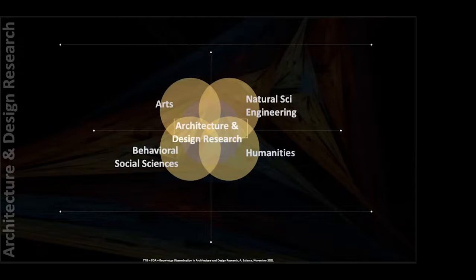And I would say the challenge now is for researchers in architecture and urbanism in terms of dissemination, because you have to relate to a discipline. And most of the disciplines, or most of the journals and most of the academic channels for dissemination, are focusing on one area.